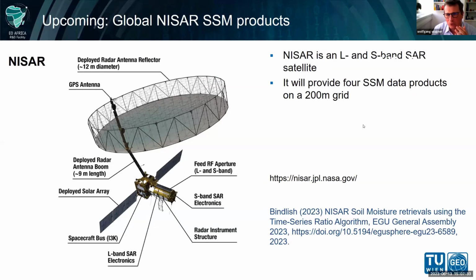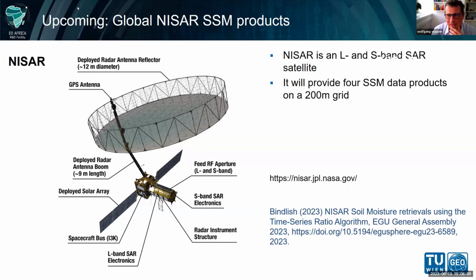Yeah, there's a big outlook to one of the first globally available products that will come from next year on, based on the NISAR satellite. It's already introduced in one of the first slides. That's a fantastic instrument built by NASA together with the Indian colleagues.